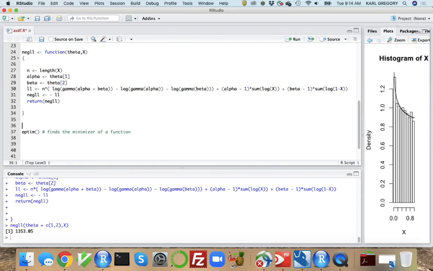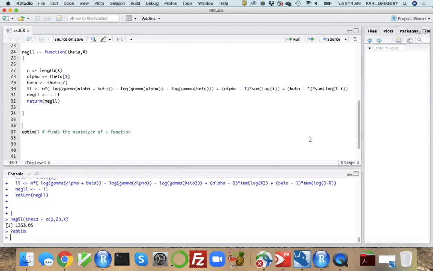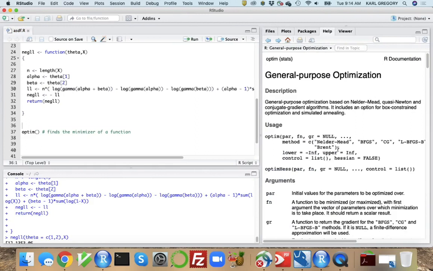Okay, but what I want to do is use the optim function. I can look at the documentation of the optim function by doing question mark optim. And what I have to put into this function is this argument par, which are initial values for the parameters to be optimized over.